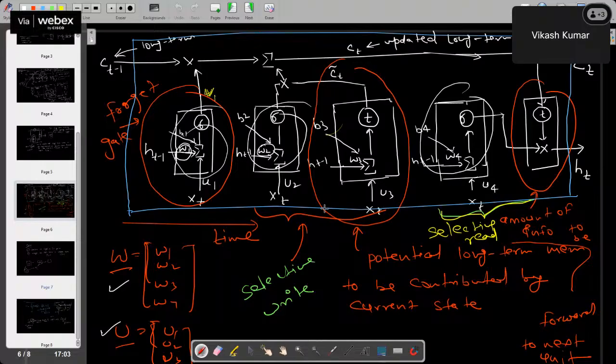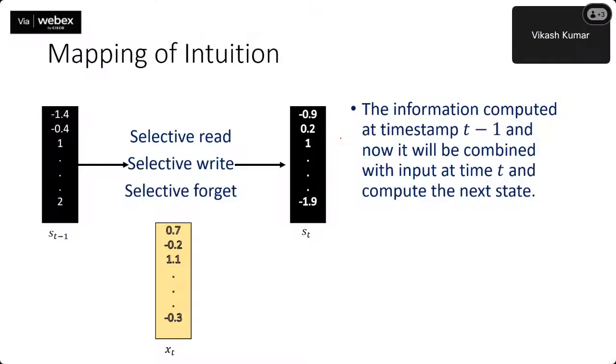Whatever we have seen here, just remember a few things: within the state, this cell state, input, and the output, this value, we can say the transient long-term memory, or the potential long-term memory candidate value. Okay, so just come to this intuition.